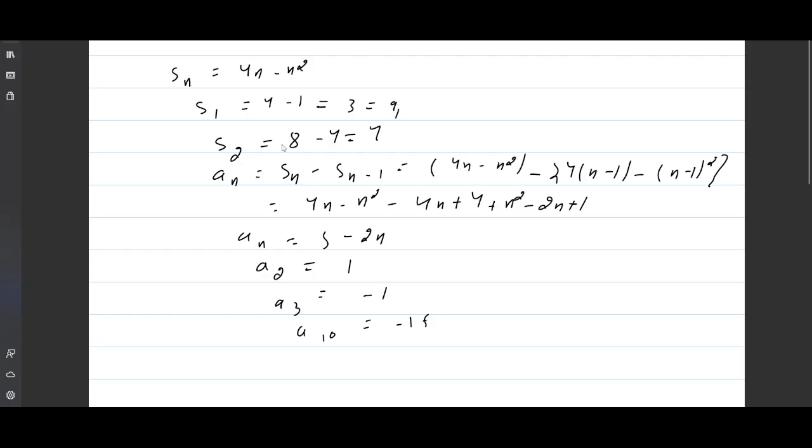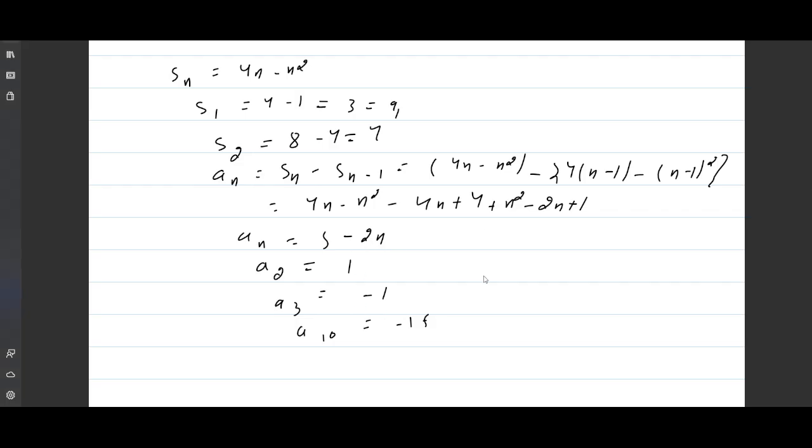What we have given, I will repeat this question again. Sn is equal to 4n minus n square. So S1 is equal to 4 minus 1. So this is equal to 3. Similarly, we get S2 is equal to 8 minus 4. So what we get, 4. And An is equal to Sn minus Sn minus 1.